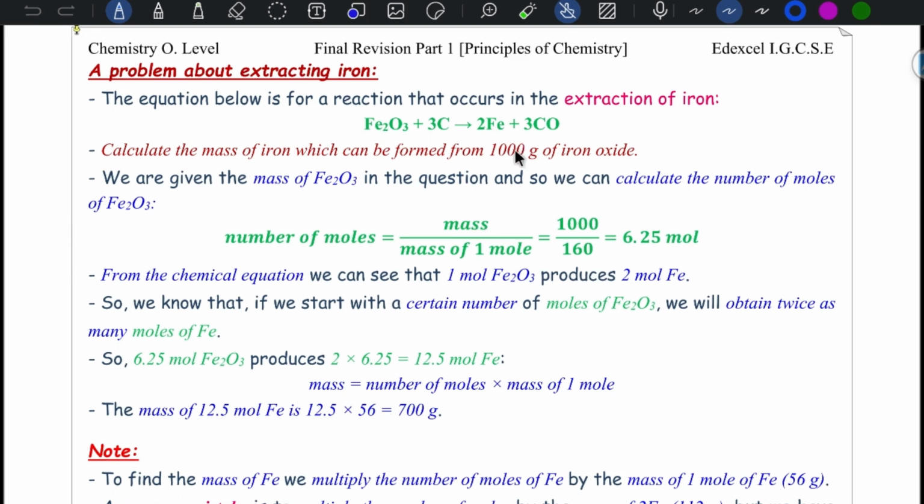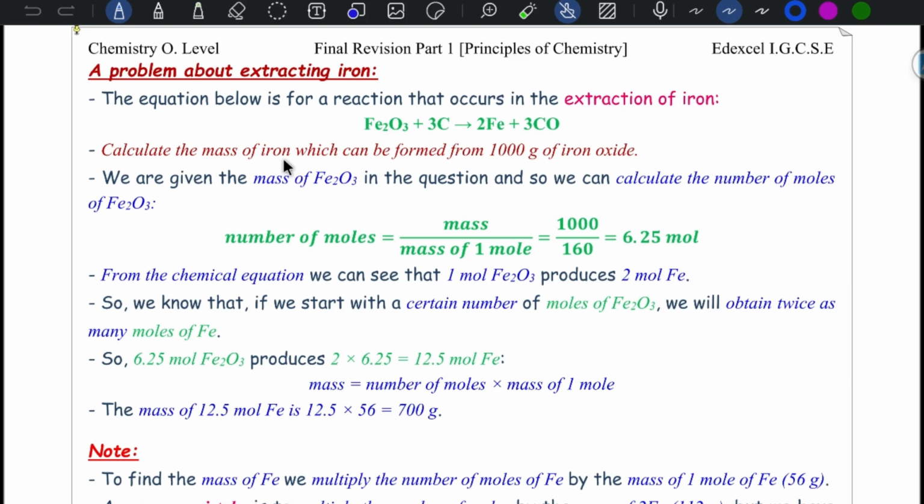Number of moles equals 1000 divided by the mass of 1 mole, which is 160: 2 multiplied by 56 plus 3 multiplied by 16. Then 6.25 moles. But take care, he asked about the mass of iron, and now the ratio is not 1 to 1.